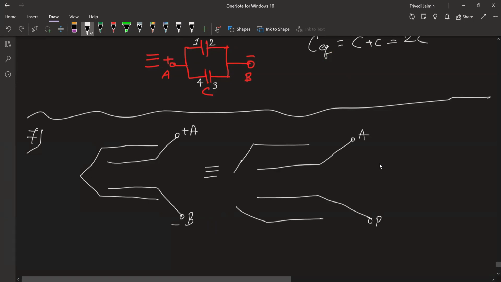A, B, minus, minus, minus, minus, because it is plus, plus, plus, plus. Now this side also plus, plus is plus, then this will be minus, minus, minus, minus. This minus, this is plus, plus, plus, plus. This is first plate, second plate, third plate, fourth plate.